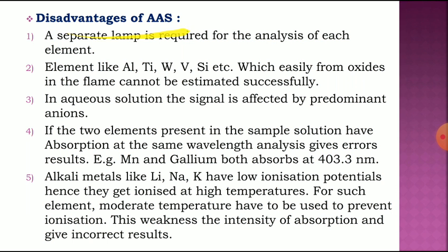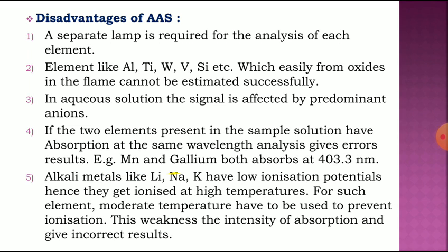Now, disadvantages of the atomic absorption spectrophotometer. A separate lamp is required for the analysis of each element. Second one, elements like aluminum, thallium, tungsten, vanadium, silicon, etc., which easily form oxides in the flame, cannot be estimated successfully. In aqueous solution, the signal is affected by predominant anions. If two elements present in the sample solution have absorption at the same wavelength, analysis gives erroneous results.